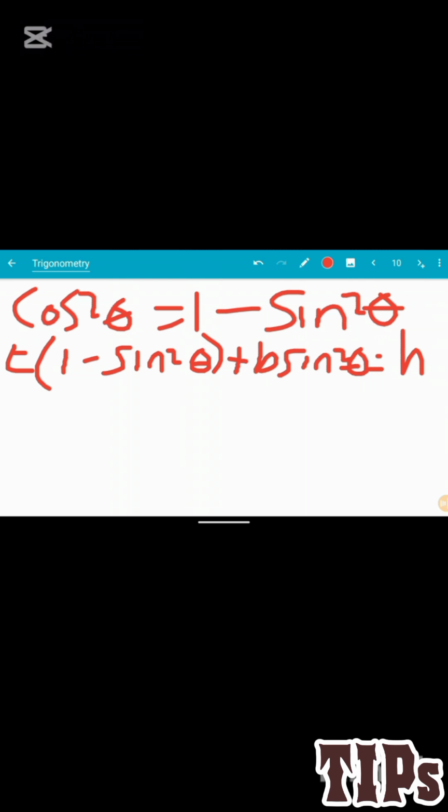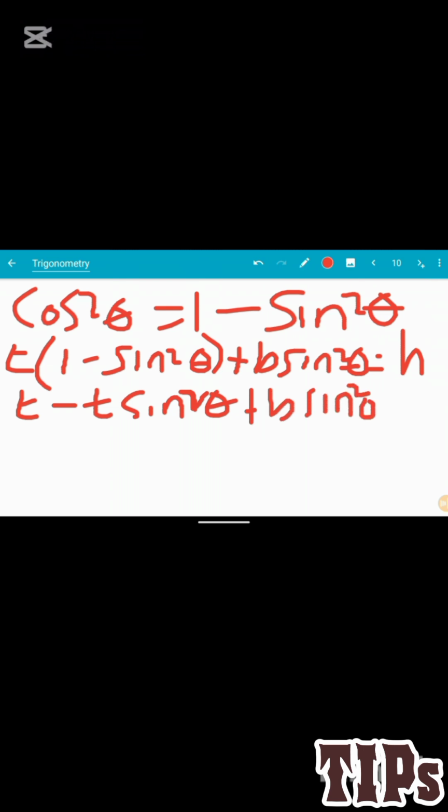So we can have t minus t sine square theta plus b sine square theta is equal to h.